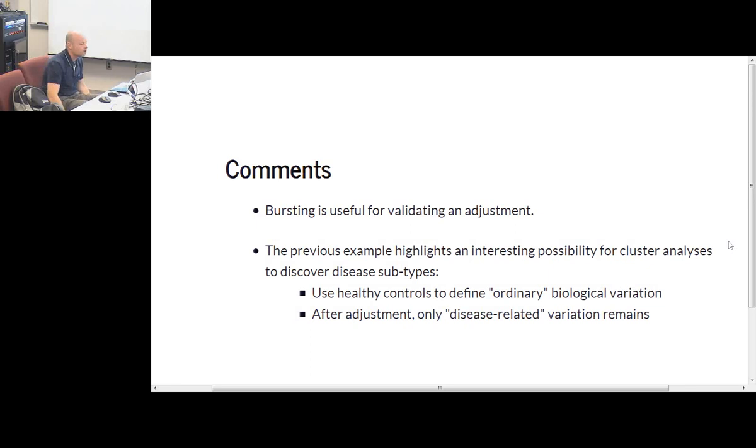What I'm hopeful might be able to be done using this RUV framework is to do something like this. I'm going to get myself some healthy controls, and I'm going to treat all of the healthy controls as biological replicates. By treating all of these healthy controls as biological replicates, I will be capturing all of what might be considered ordinary biological variation.